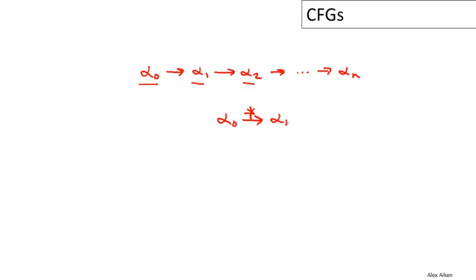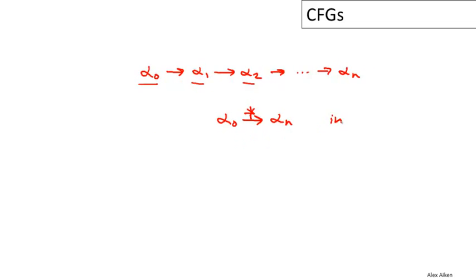So now if we want to do multiple steps, we could have a bunch of steps. Alpha 0 goes to alpha 1, goes to alpha 2, and these are strings now. These alpha i's are all strings. And as we go along, we eventually get to some string alpha n, all right? And then we say that alpha 0 rewrites in 0 or more steps to alpha n.